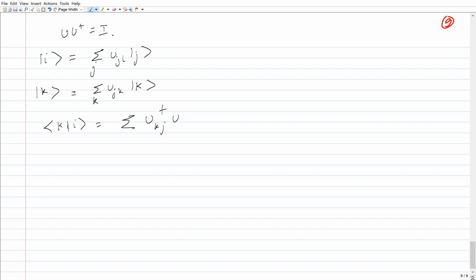Remember, I'm taking the inner product of Uji over J, which essentially gives me a Kronecker delta function. So this is just invoking the unitarity property, and this is going to give me an orthonormality condition on the new bases I have formed from the previous bases.